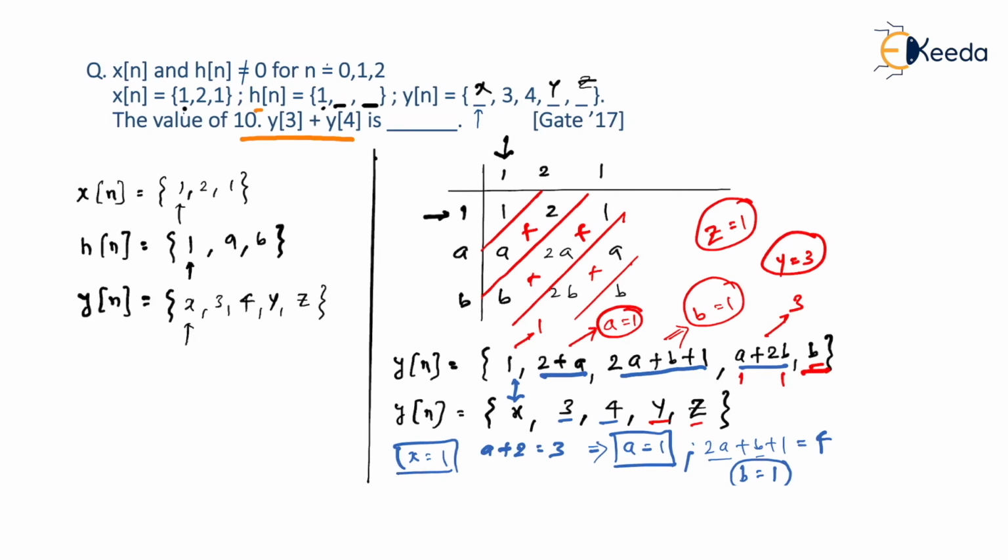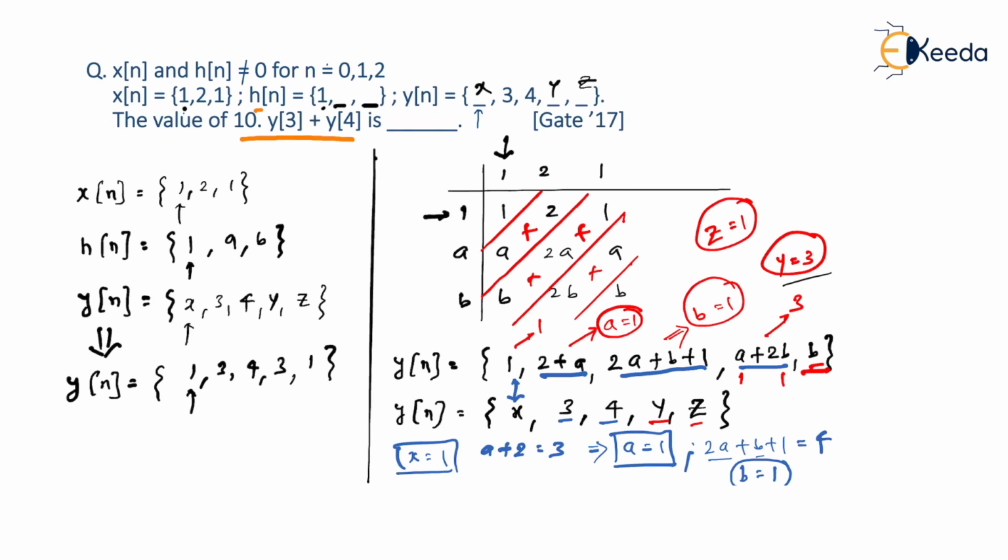Now I can decode my y of n completely. I can write y of n as 1 comma 3 comma 4 comma 3 comma 1.